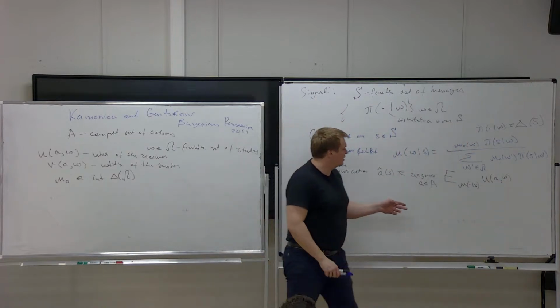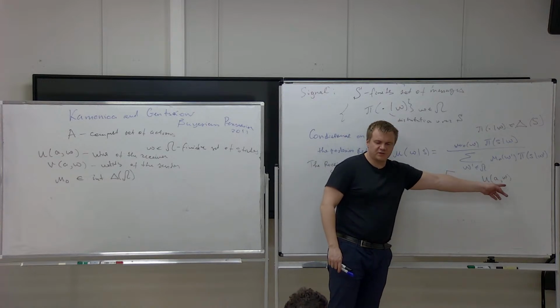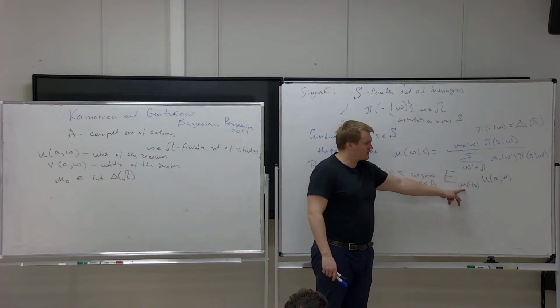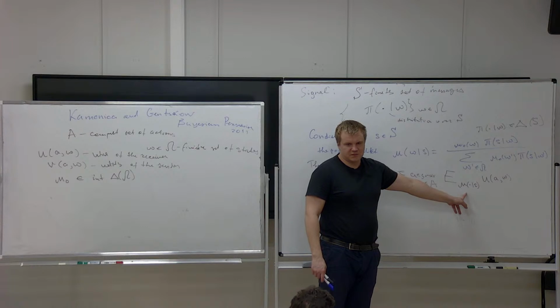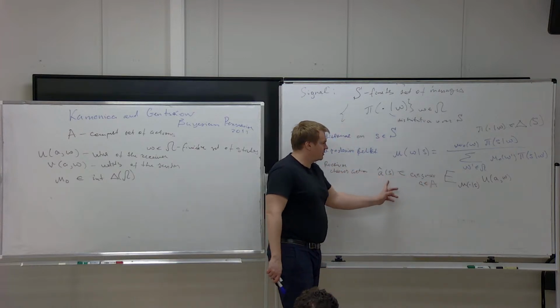So he wants to maximize his expected utility function with respect to this posterior belief. And that's going to be some optimal action.